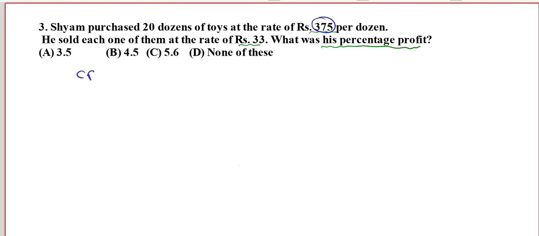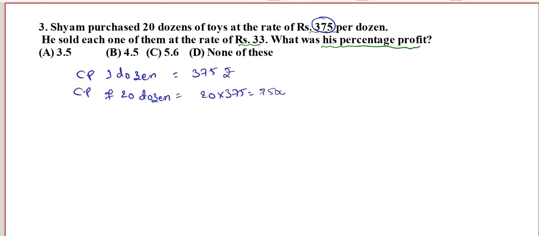That means the cost price of one dozen is 375 rupees. He purchased 20 dozens, so the cost price of 20 dozens is 20 into 375. Multiplying it, we get 7,500 rupees. So the cost price is 7,500 rupees.